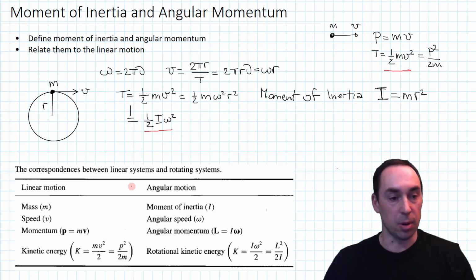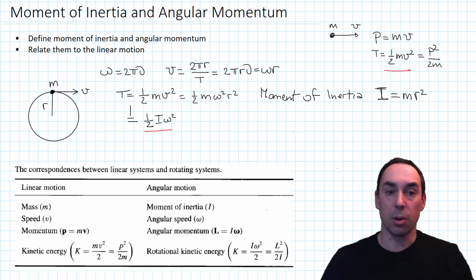So there is a nice table in chapter 4 of the book, and these comparisons are made there for us. So we can see that the mass in linear motion corresponds to the moment of inertia in angular motion, the speed to the angular speed, and we also see that the kinetic energy can be expressed in these forms, and so far we have looked at one of these forms, which is this one over here.